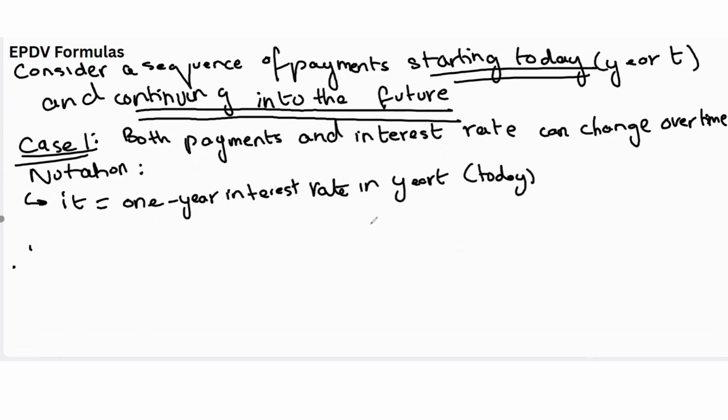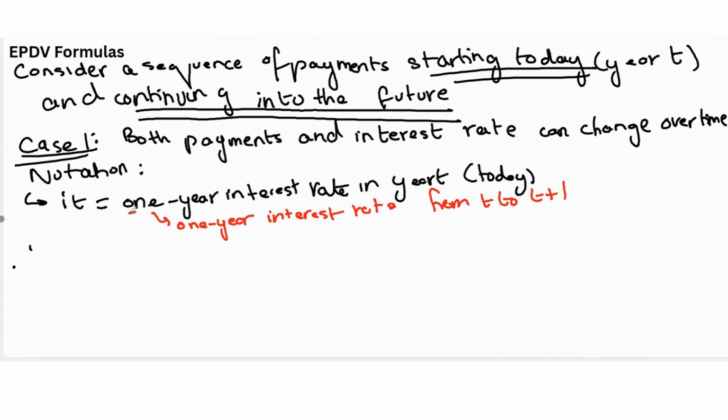So this is the 1 year interest rate from T to T plus 1. I say this interest rate applies from T to T plus 1.